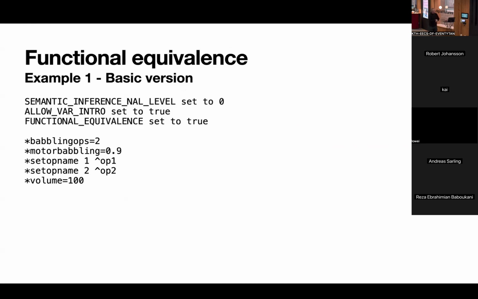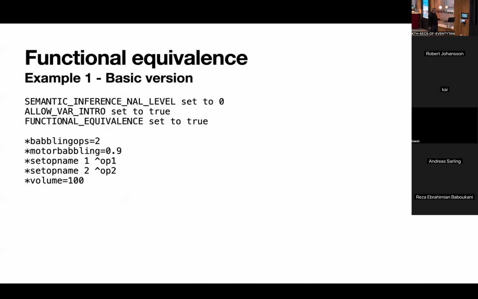The compile parameters here are that we allow variable introduction, as in the generalized identity matching case. We also have a parameter called functional equivalence that enables this particular mechanism.